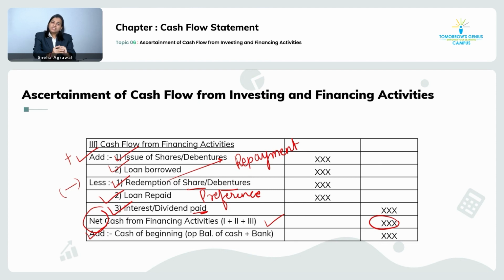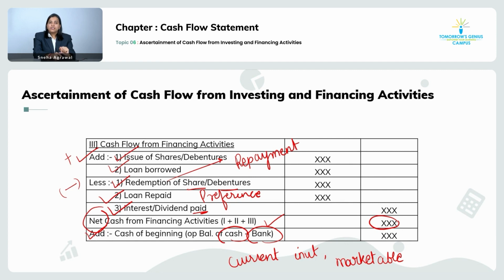What is my cash and cash equivalent? They are my cash balances, right? Bank balances and something called current investment, also called short-term investment, and marketable securities. Marketable securities means those which can be sold in the market very easily.